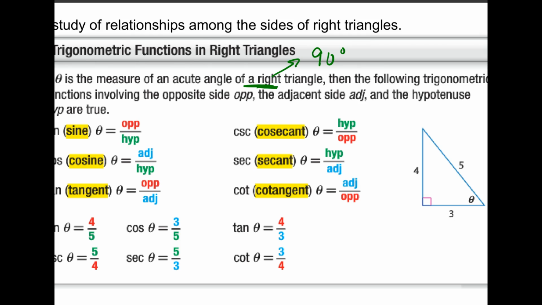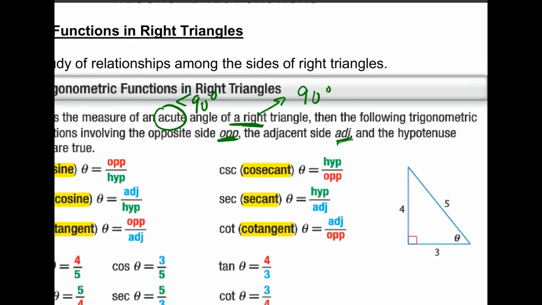If theta is the measure of an angle, what does acute mean again? Less than 90 degrees. Then the following trigonometric functions involving the opposite side, adjacent side, and the hypotenuse are true.